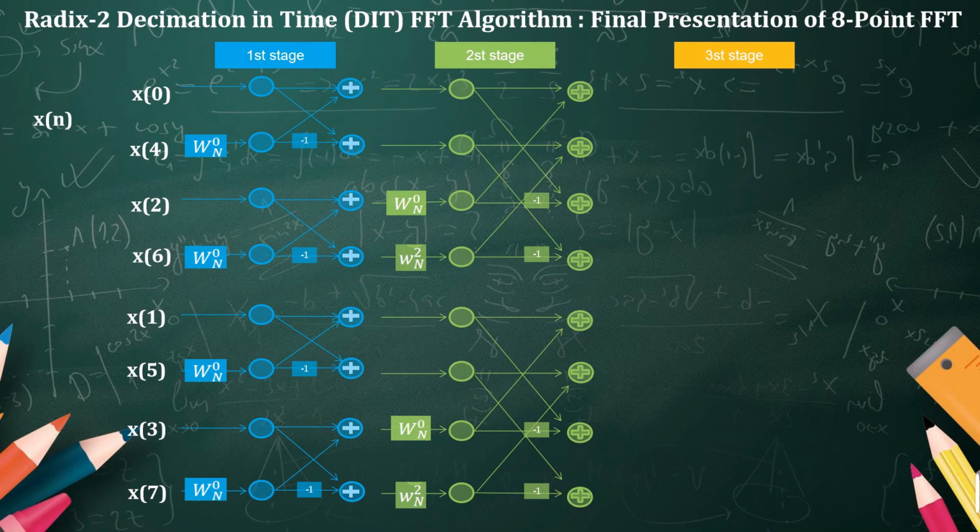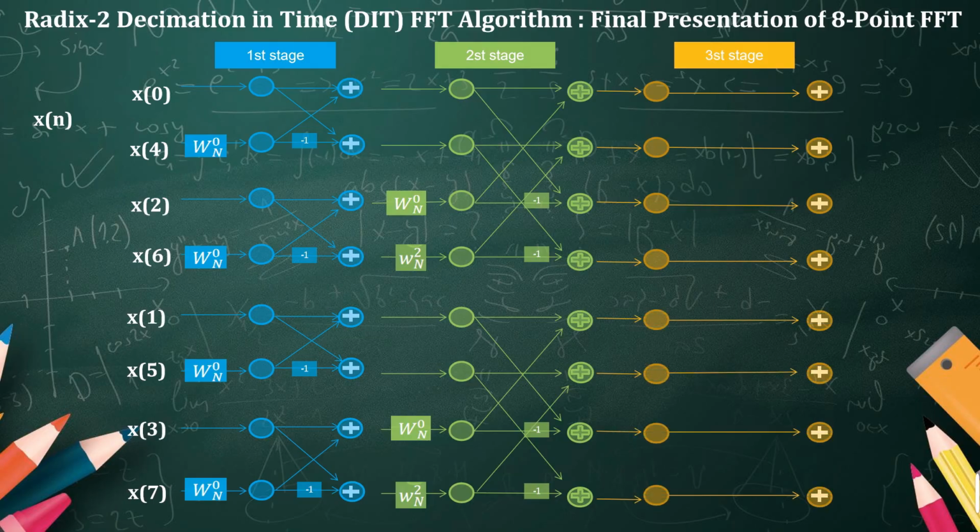In the third stage, the first 4 outputs have no change. However, the next 4 outputs are multiplied with Wn to the power of 0, Wn to the power of 1, Wn to the power of 2, Wn to the power of 3, as well as multiplied with -1 before addition.